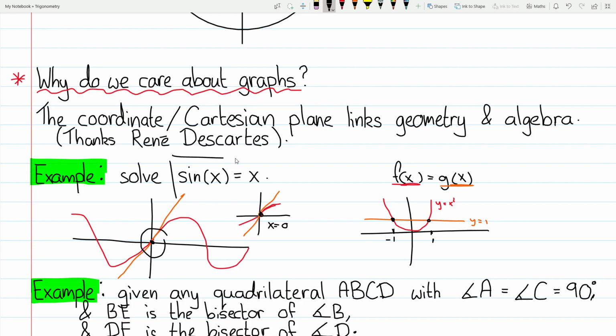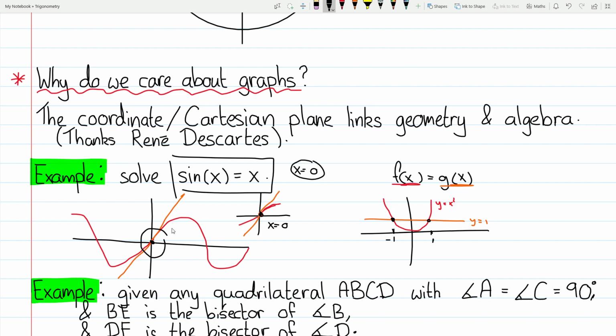So how do you solve this algebraic equation? Well, if you look at the graphs, the values at which this is true are the points where they intersect. Where do they intersect? We can look at the graph and say they only intersect at one point, and that point is x equals 0.